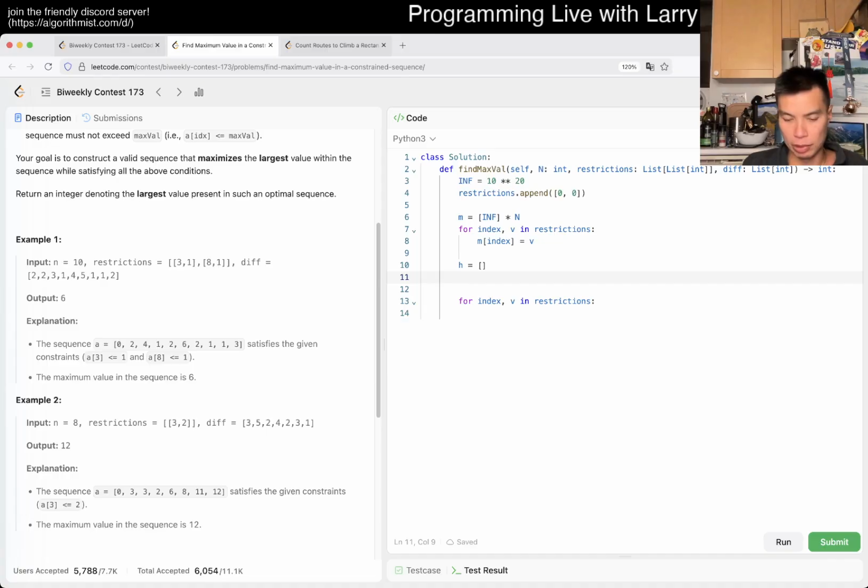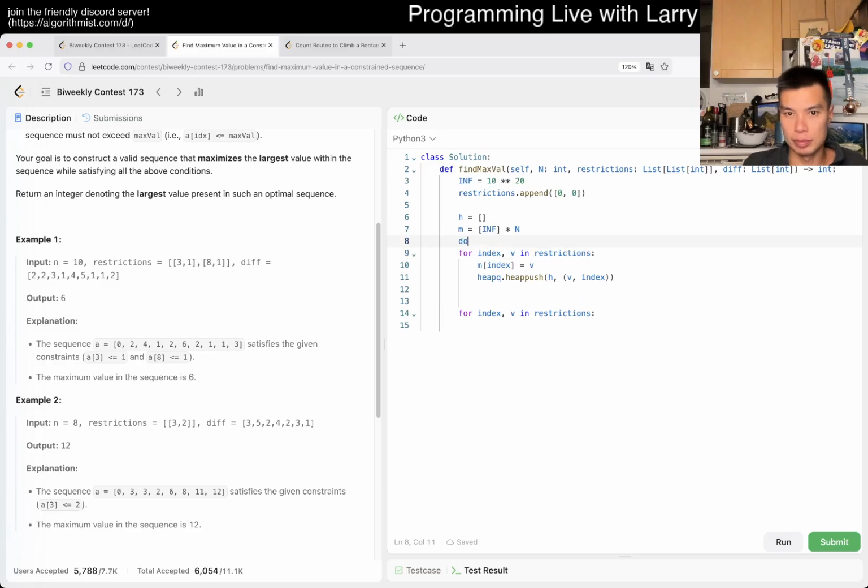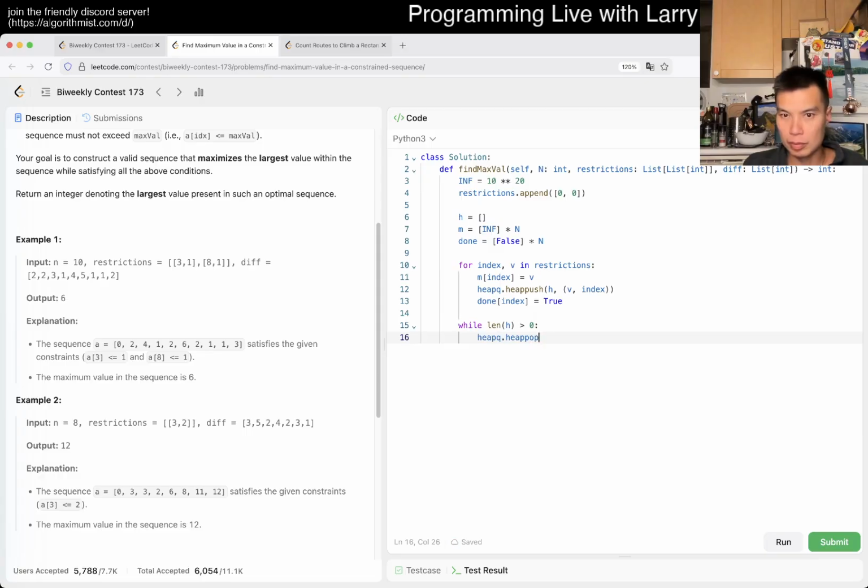So I said breadth-first search, but it's rated, right? So it's a heap. Basically this is the new max.